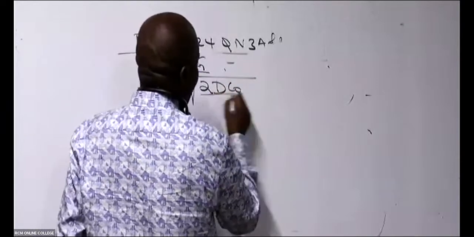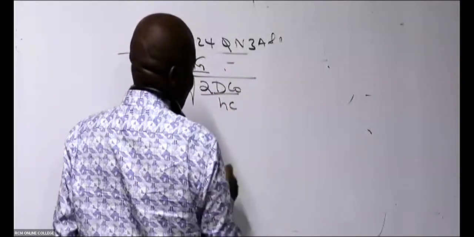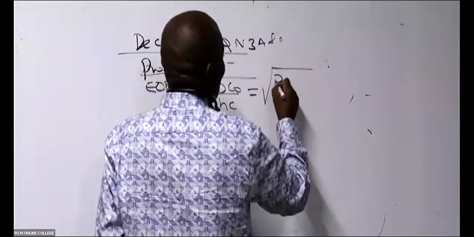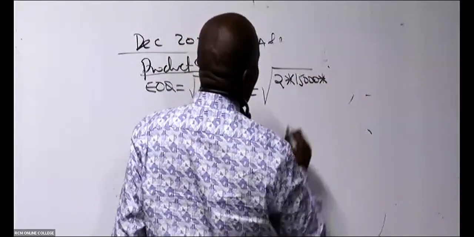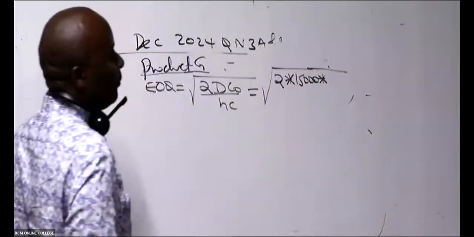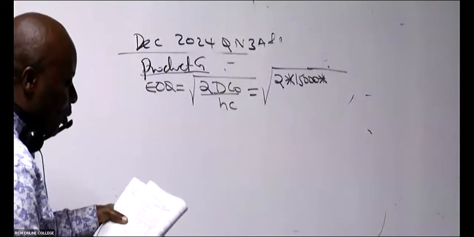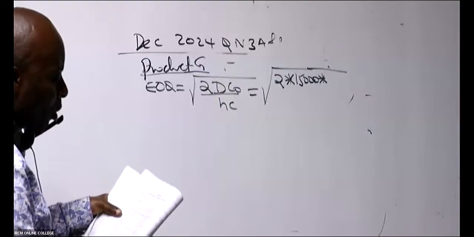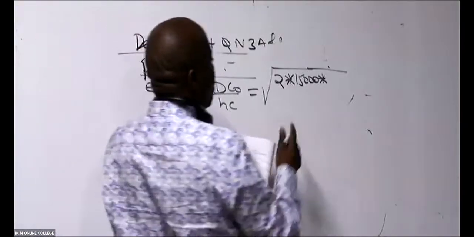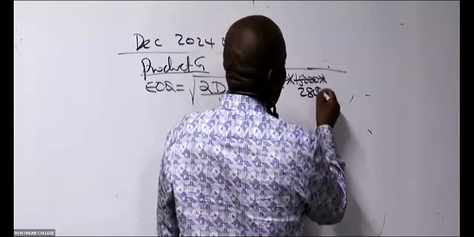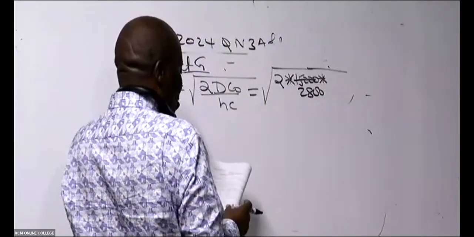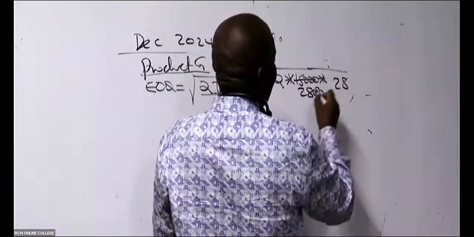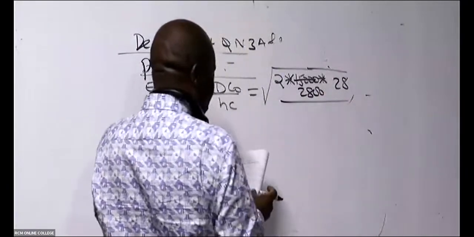It is square root of 2 DCO all over HC. So it will be the square root of 2 times annual demand, cost per order. No, I'm wrong. The annual demand for G is 2,800, times cost per order, which is 28. Everything to be divided by holding cost.